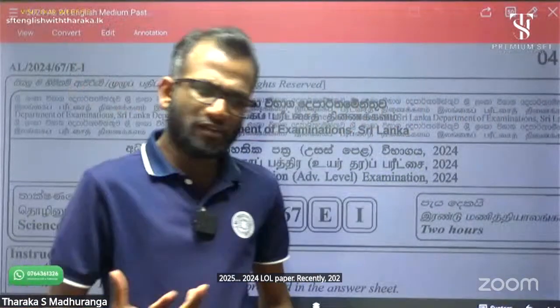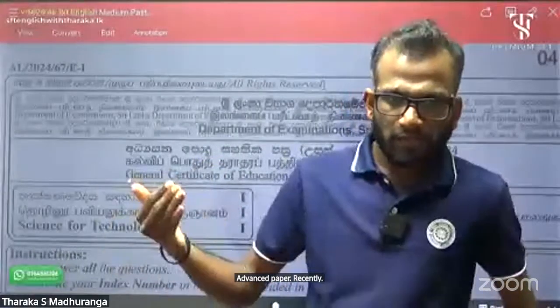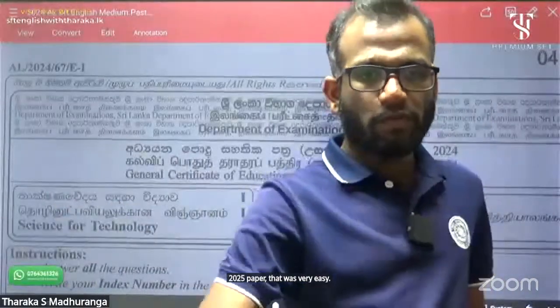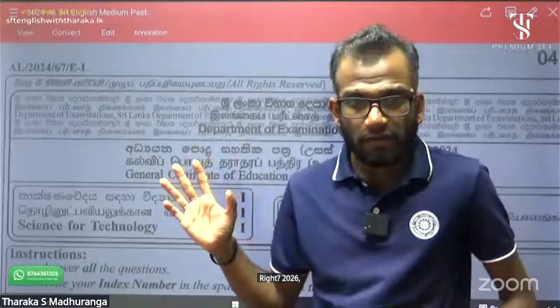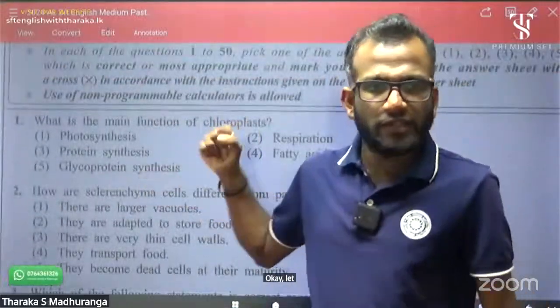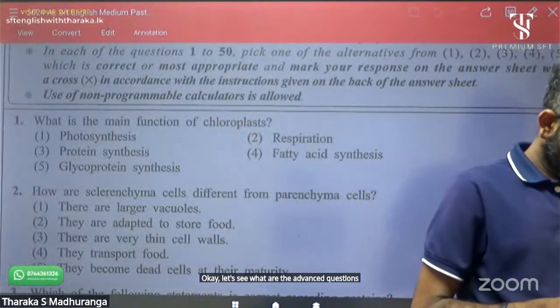That was a very simple exam, no advanced questions. But the 2024 paper is the most advanced paper recently. The 2025 paper was very easy, right? The 2024 one is a bit advanced. Okay, let's see what the advanced questions are. Give me a second, I will show you.